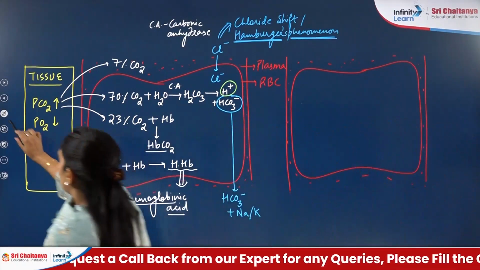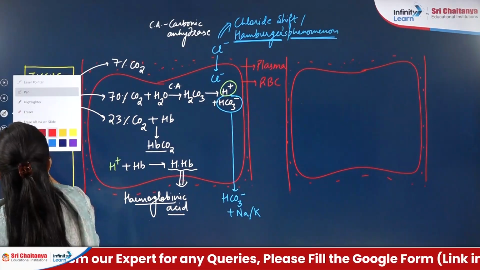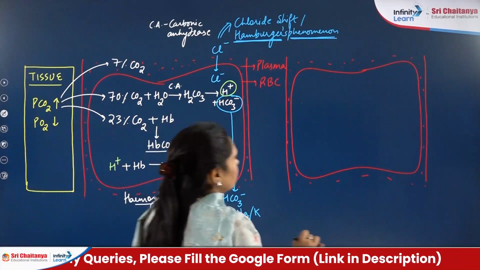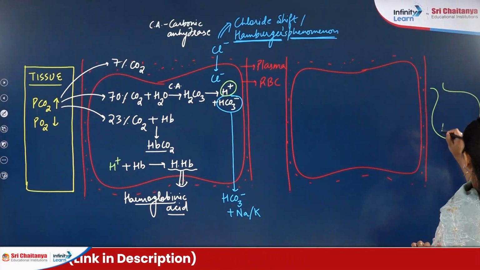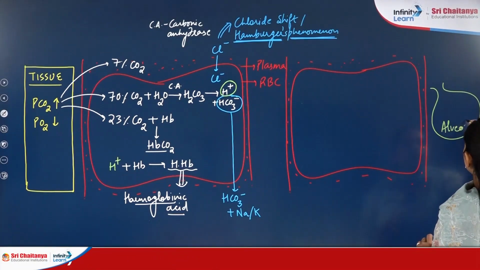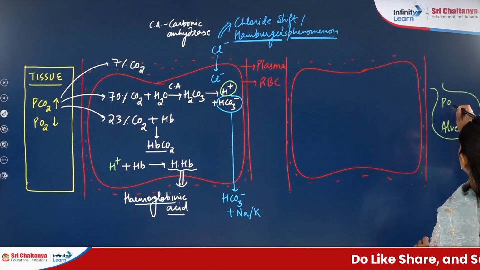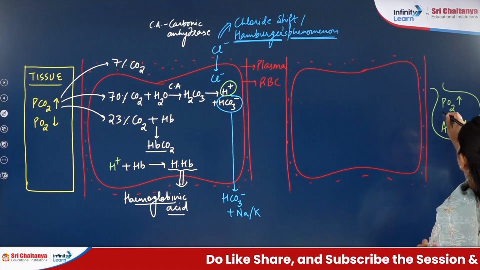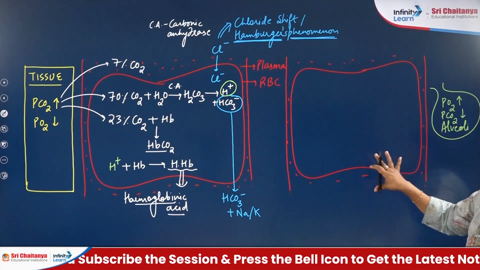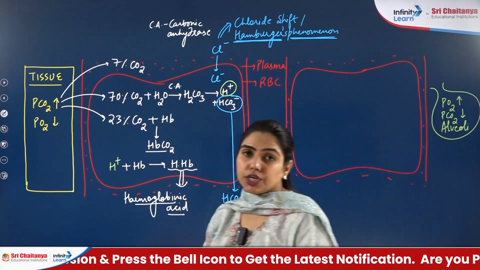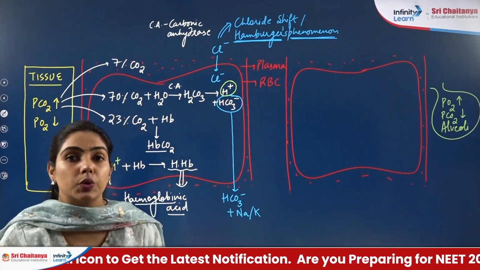Now, this blood has reached near the alveoli. Let us make the alveoli here. This is the alveoli, beta. In the alveoli, partial pressure of oxygen is high and partial pressure of CO2 is low. And the blood which is coming here is deoxygenated blood, in which partial pressure of CO2 is high.